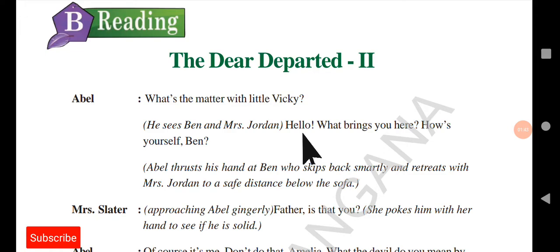When Victoria goes up and sees her grandfather, he gets up and comes down, so they all think he is a ghost. The elder daughter Slaughter and her husband try to bring down all the things of her father from the first floor. On the other hand, the younger daughter and her husband, Elizabeth and Ben, come to see the dead father, and they finally end up seeing the dead father coming alive.